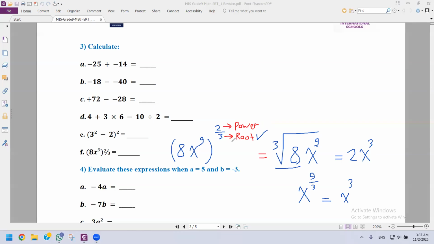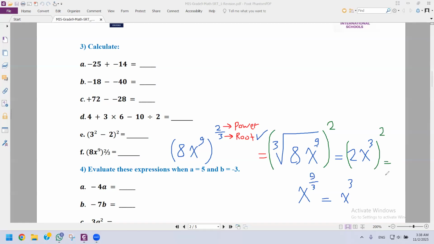Now, because I don't need to change the question, we put a bracket here after you finish, and you write the power, which is 2. I didn't write it from the beginning, to make it easier for you. Now I put here power 2. Now let me solve.